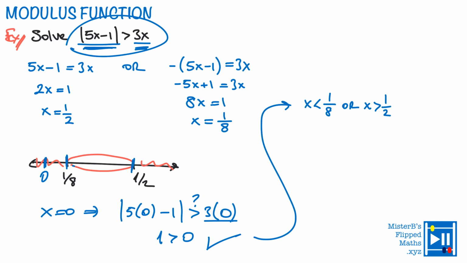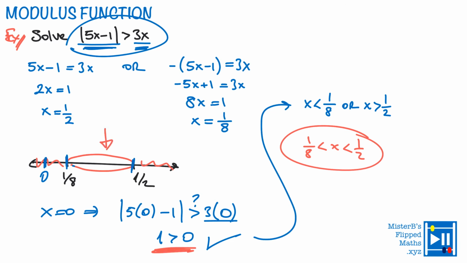If what I found here would be wrong, then I would come up with saying 1 over 8 less than x less than 1 over 2 is the solution, if this would be wrong. Or if I test a point in between and I find it correct, then this would be the solution. So it's either this, something like this, or this. In this case, it's going to be this one.